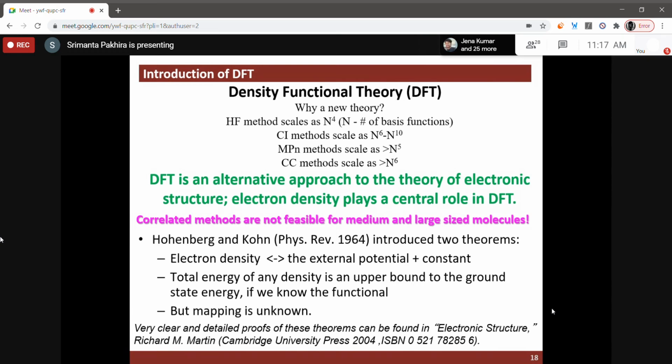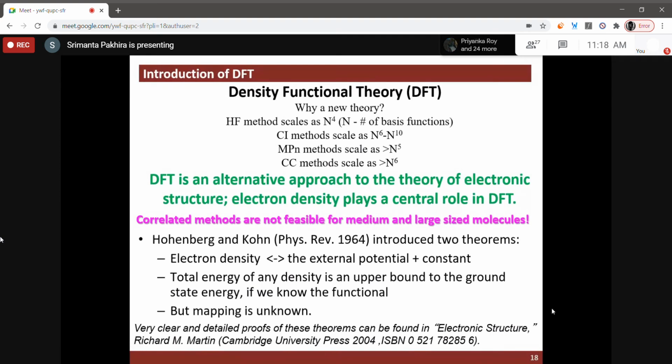Density functional theory sits in between them, which is an alternative approach to electronic structure theory. In this case, the electron density plays the central role. Probably you know Hohenberg and Kohn are the pioneers of this kind of theory.